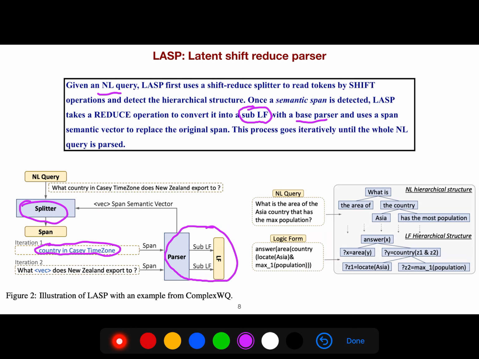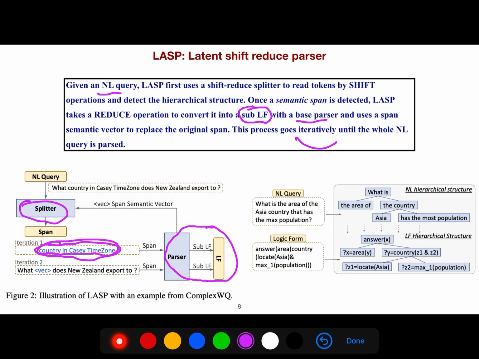Your base parser could be anything. And then it uses a span semantic vector to replace the original span. This process goes iteratively until the whole natural language query is parsed. For example, what country the case, so this is a span.